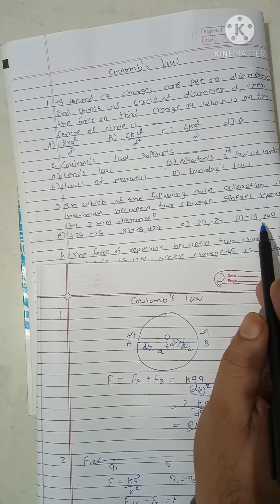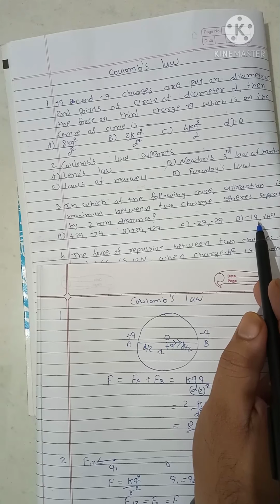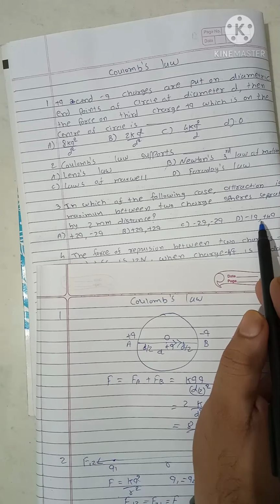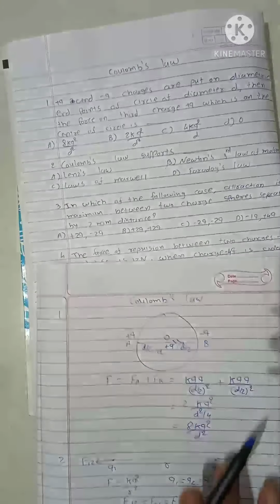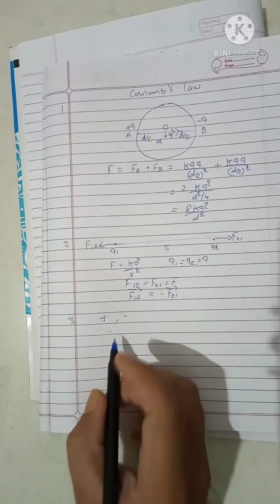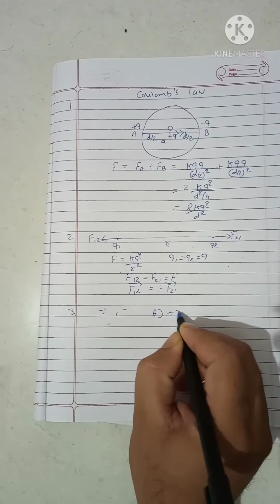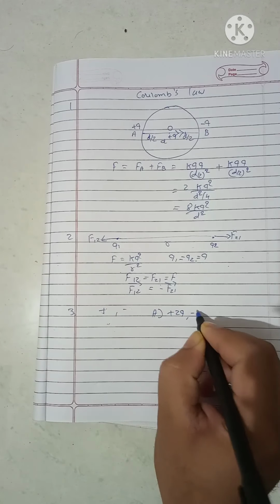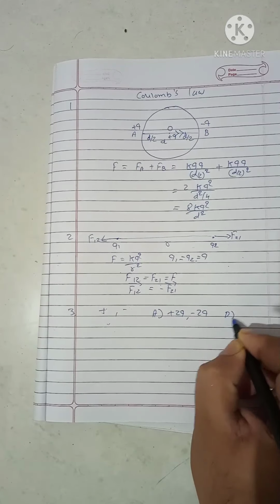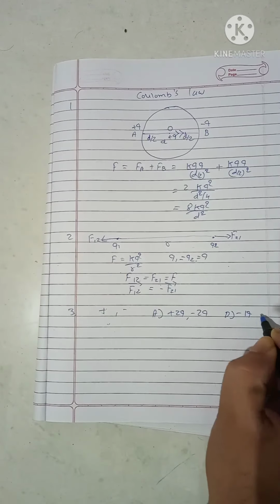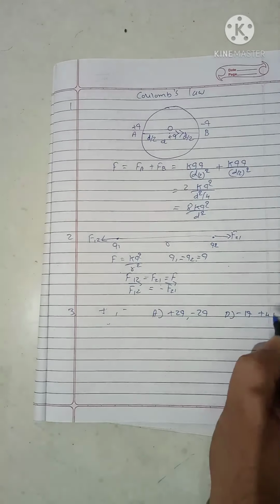So now we have to find the value of force between the charges in option A and option D. In option A we have plus 2q and minus 2q, and in option D we have minus q and plus 4q.